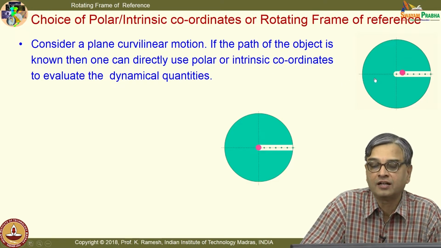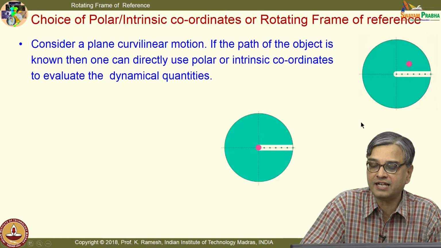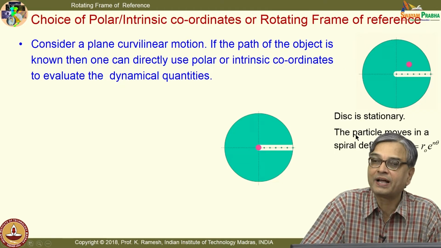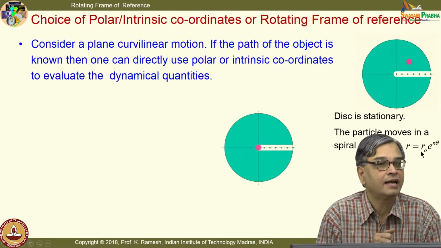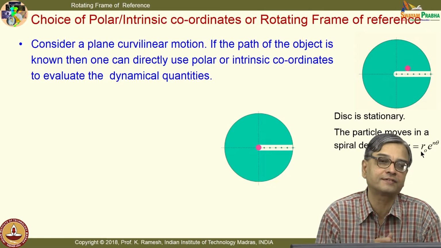The question is, are you in a position to get an expression? In this case it is possible because this is developed by us and the particle is experiencing a spiral, it moves spirally and the equation is given as r equal to r naught e power n theta. So, I have the motion described, and once the motion is described, I can use polar or intrinsic coordinates.